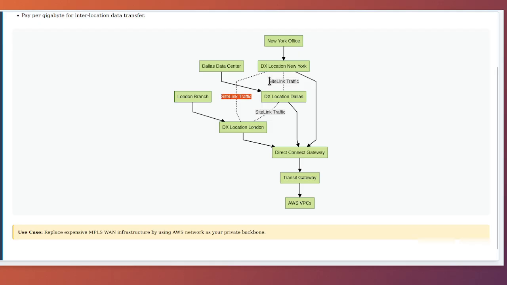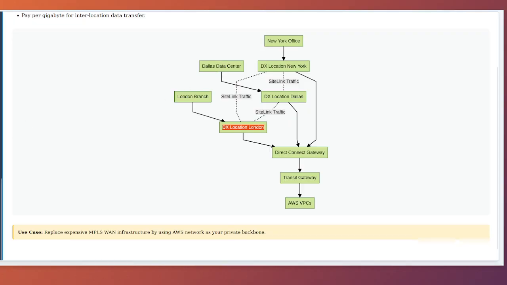The diagram shows a SiteLink architecture. You have 3 locations: an office in New York, a data center in Dallas, and a branch office in London. Each location has its own Direct Connect connection to the nearest AWS Direct Connect location. Normally, if the New York office needs to communicate with the Dallas data center, that traffic would traverse your corporate WAN, or it would need to hairpin through an AWS VPC.